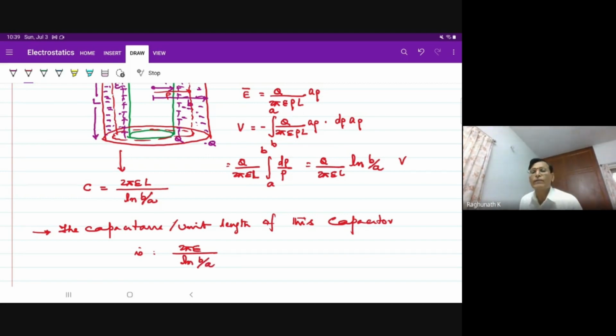They are all wonderfully helpful to us. We will be in a position to really appreciate these things in a better way when you go to transmission lines and all. So many farads per meter.